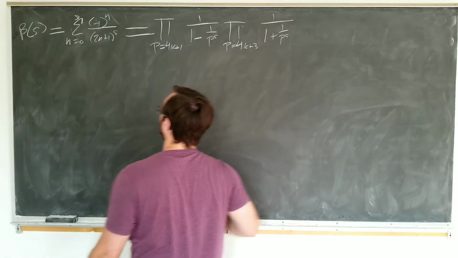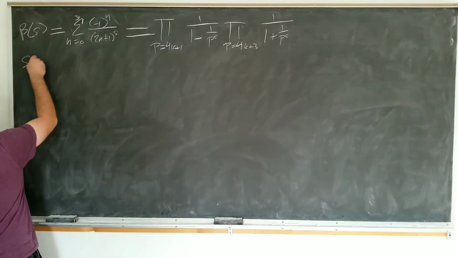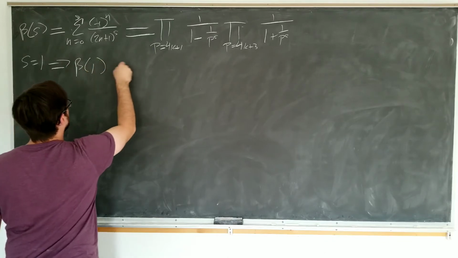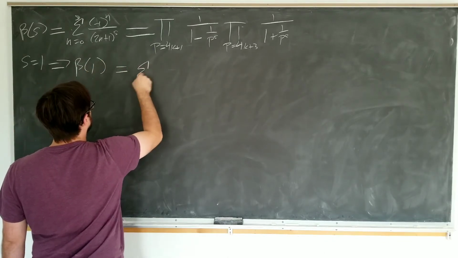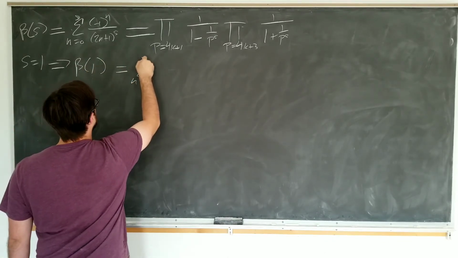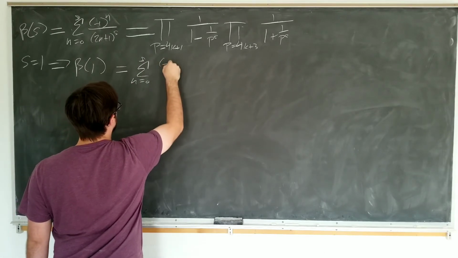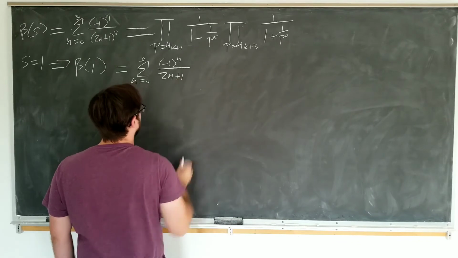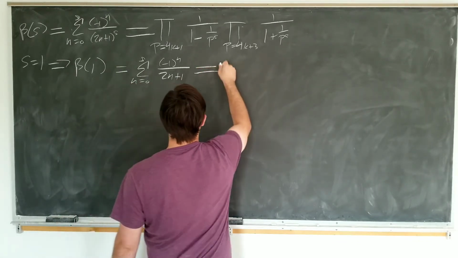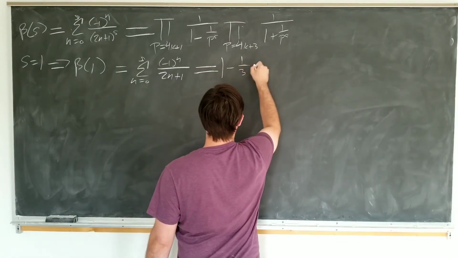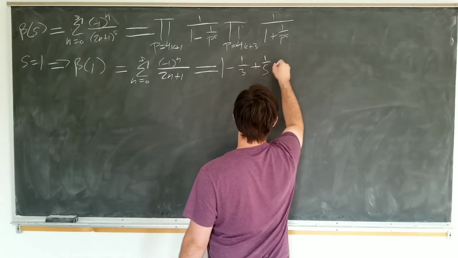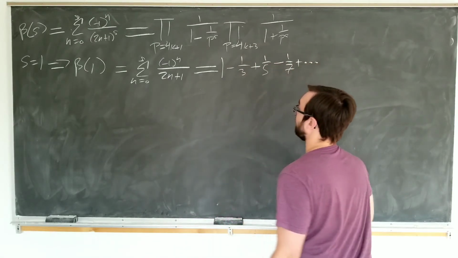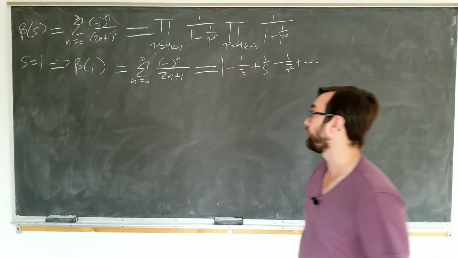Well, for s equals 1, we have beta of 1, which is the sum from n equals 0 to infinity of (-1)^n over 2n+1, which we can write out as 1 - 1/3 + 1/5 - 1/7 + etc.